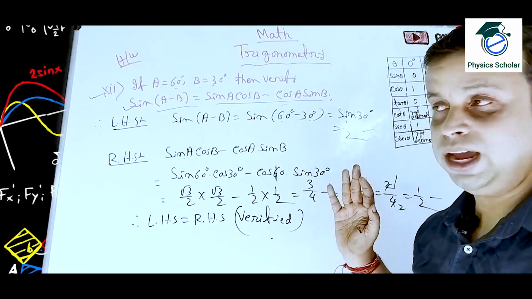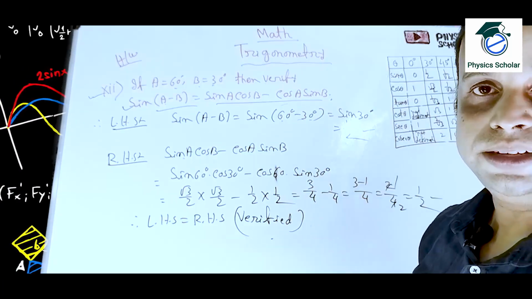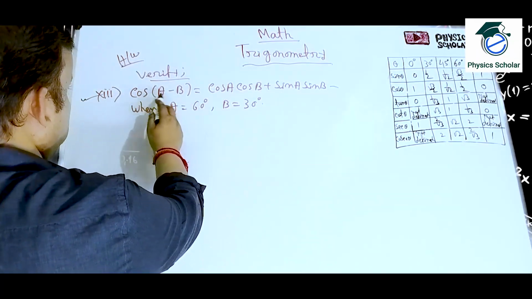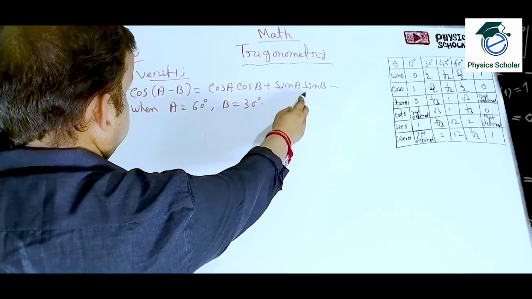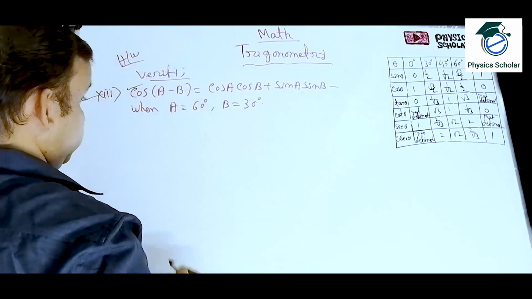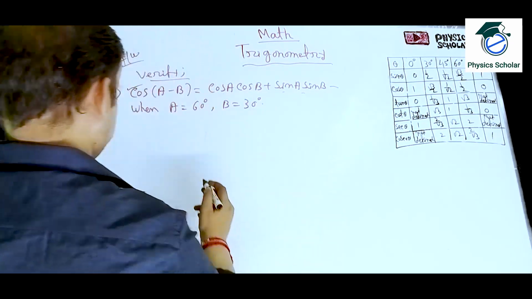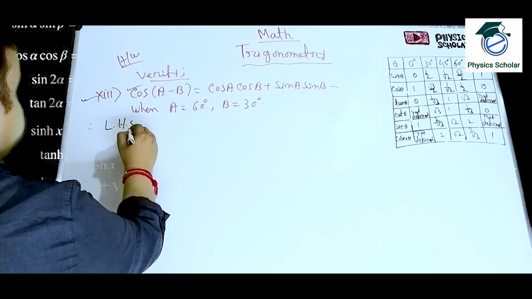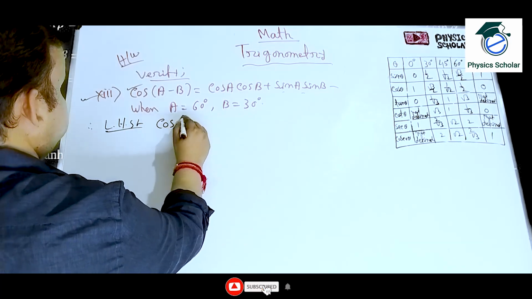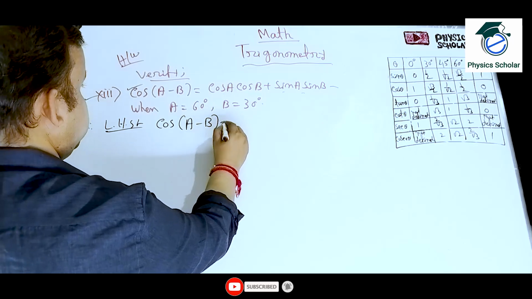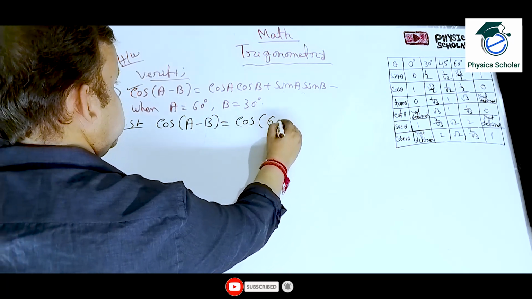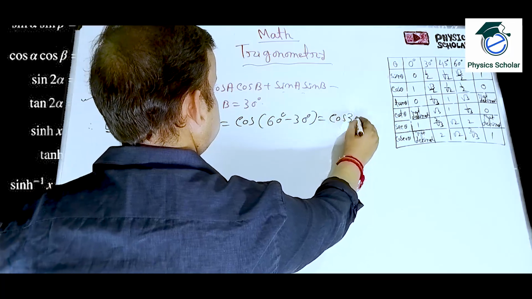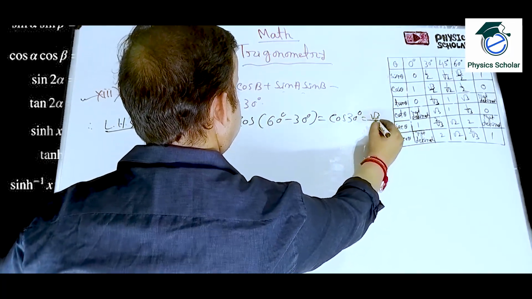It is verified. Now let us move to sum number 13. It is an almost similar type of sum. You have to prove cos of A minus B equals cos A cos B plus sin A sin B. This is the cos of A minus B formula. Same type: left hand side, cos of A minus B is equal to cos of 60 degrees minus 30 degrees, which is cos of 30 degrees, which is root 3 by 2.